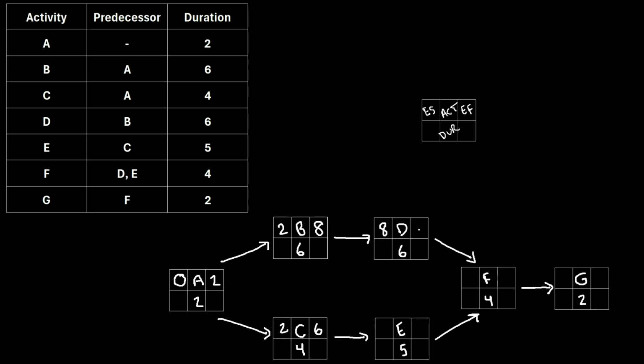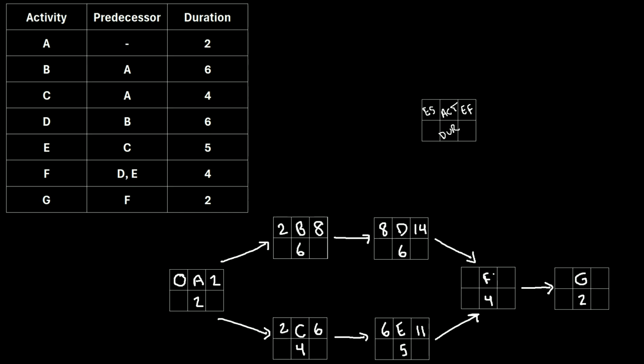And the early finish of activity D is simply going to be 8 plus the duration of 6, which is 14. And for activity E down here, we'll take the early finish from the preceding activity, activity C, and make that the early start. The early finish of activity E is 6 plus 5, which is 11.